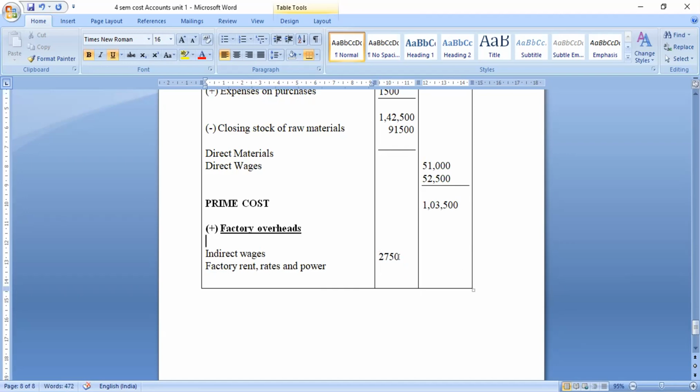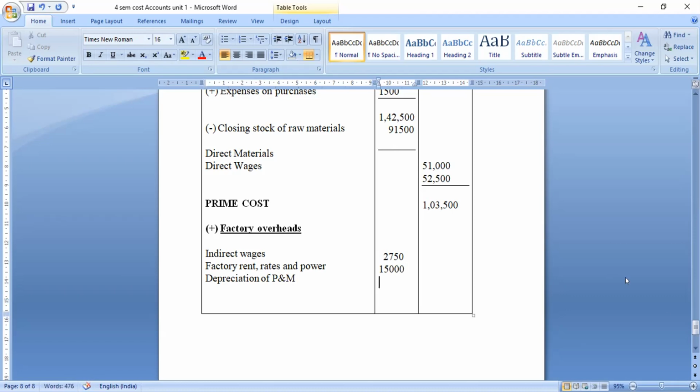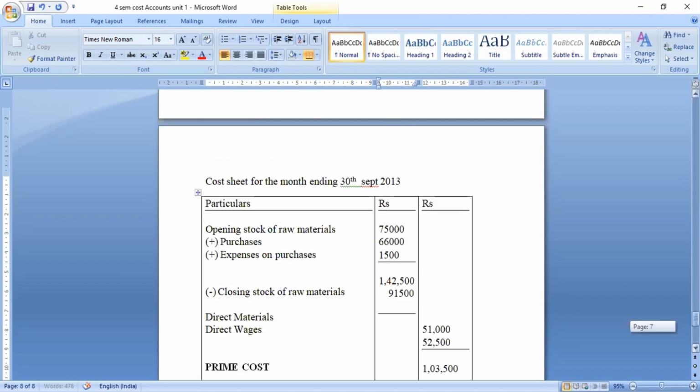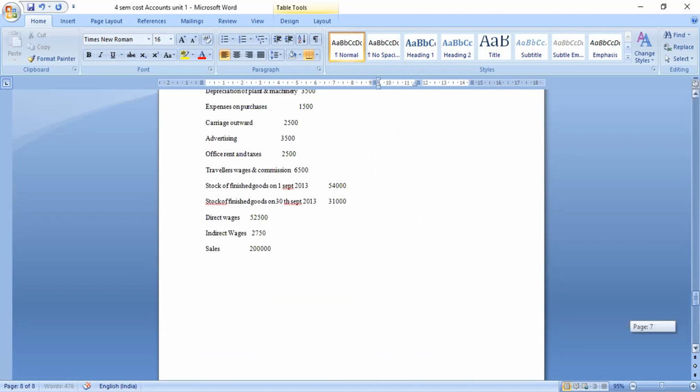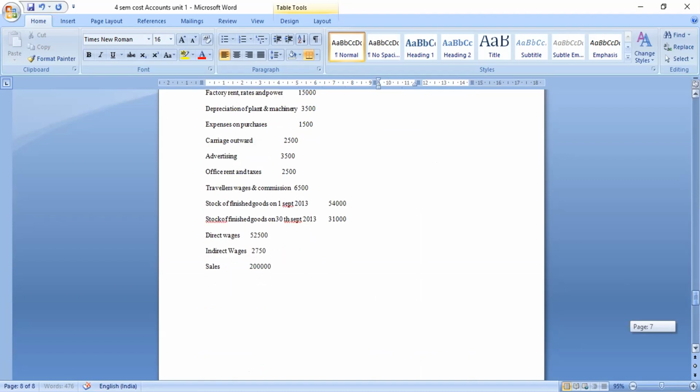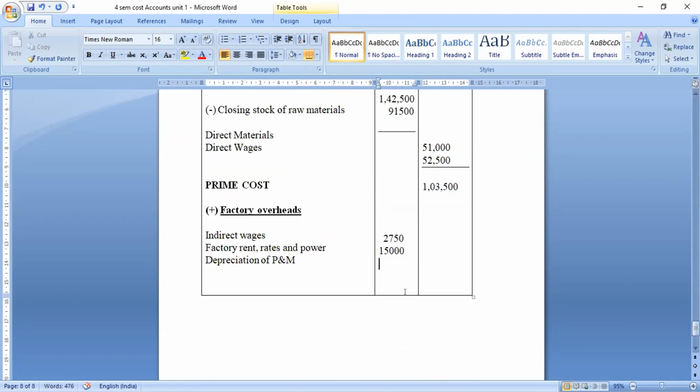Okay, factory rent and power is 15,000. Next, depreciation of plant and machinery. So depreciation of plant and machinery, see how much it is, depreciation of plant and machinery is given as 3,500. So you're going to write 3,500.